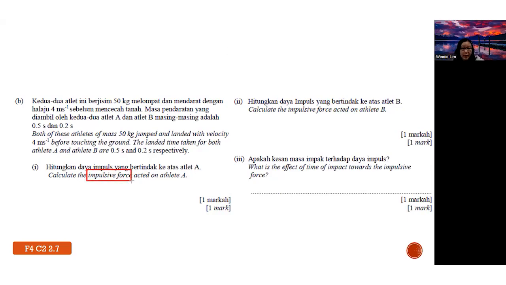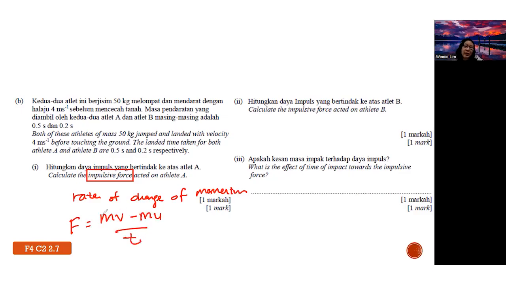Impulsive force is the rate of change of momentum. So in formula, you have F equals mv minus mu over t, where m is mass, v is final velocity, u is initial velocity. And the relationship between force and time is that they are inversely proportional.